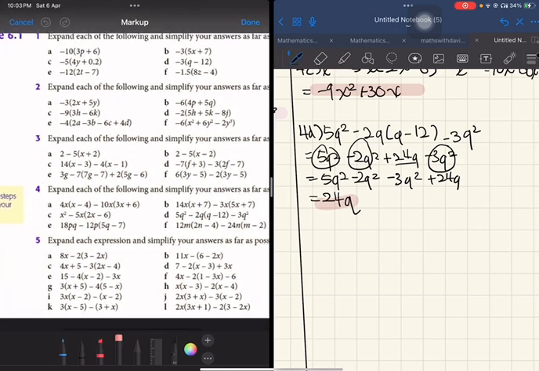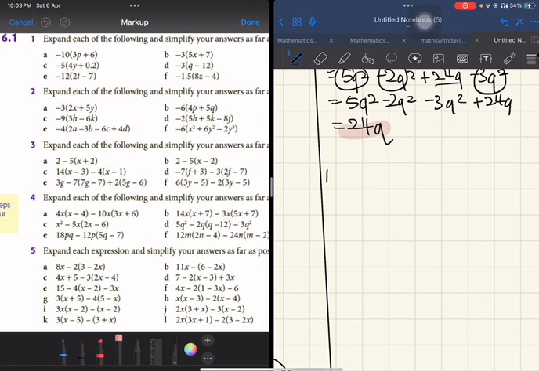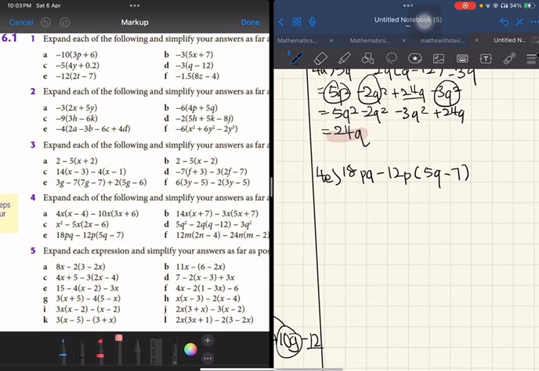Now for E, 18pq subtracted by 12p times 5q subtracted by 7. Okay, same thing. 18pq, negative 12p times positive 5q.